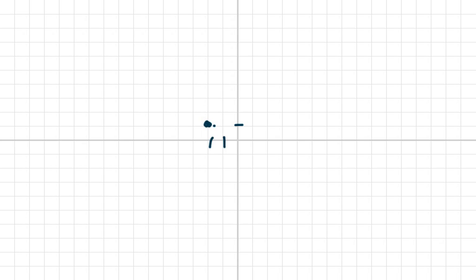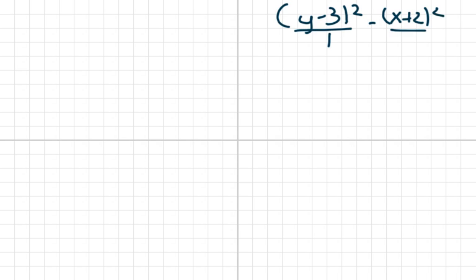I need to, let me stop. Okay. Let me erase this. Okay, so basically, let me write the equation down so I don't get confused. So I have (y minus 3) squared over 1 minus (x plus 2) squared over 9 equals 1. So my center is at negative 2, 3. 1, 2, 3. There's my center.